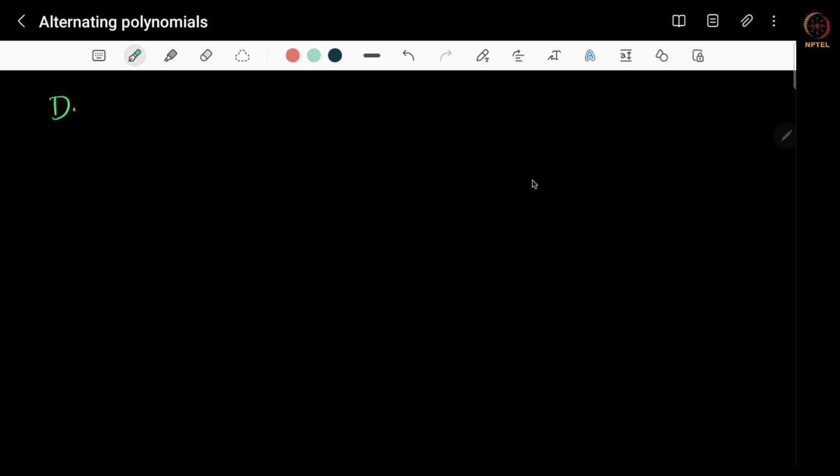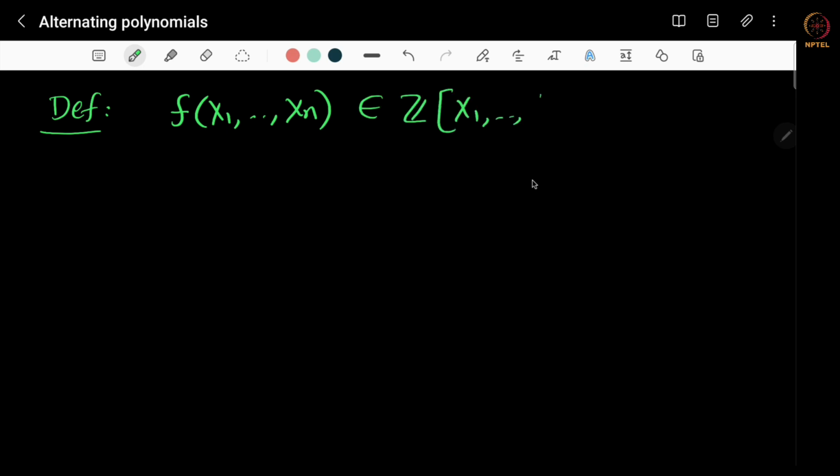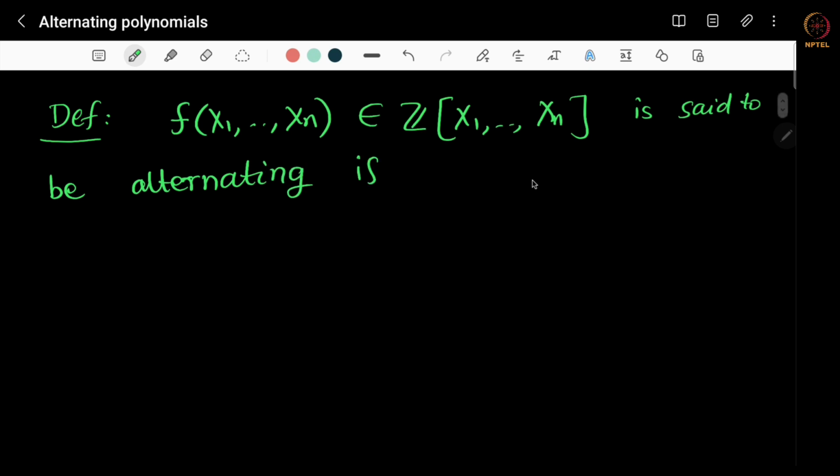So, definition: a polynomial f in n variables, f of x1, x2, ..., xn, a polynomial with integer coefficients, is said to be alternating, as opposed to symmetric, if the following happens.